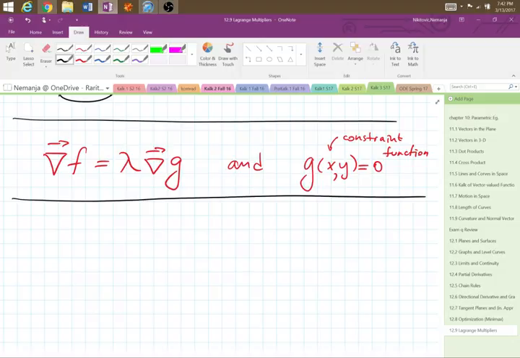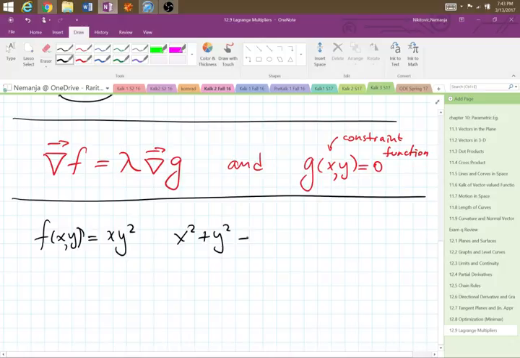All right, so let's take a look at the first one. We are going to look for these extreme points of f(x,y) equals x y squared with a constraint of x squared plus y squared equals 1.